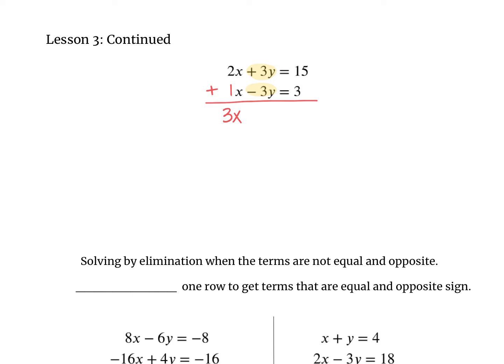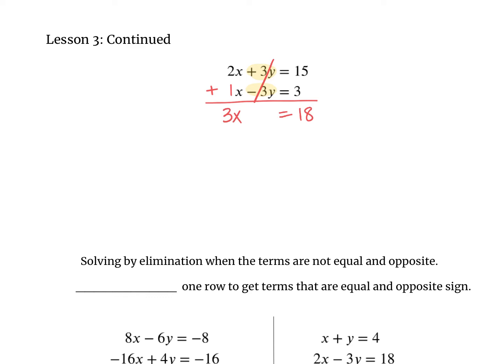And since those are equal and opposite, they cancel out. So they have been eliminated. I'll bring down the equal sign. 15 plus 3 is 18. So now that we've added the equations together, we have 3x equals 18.